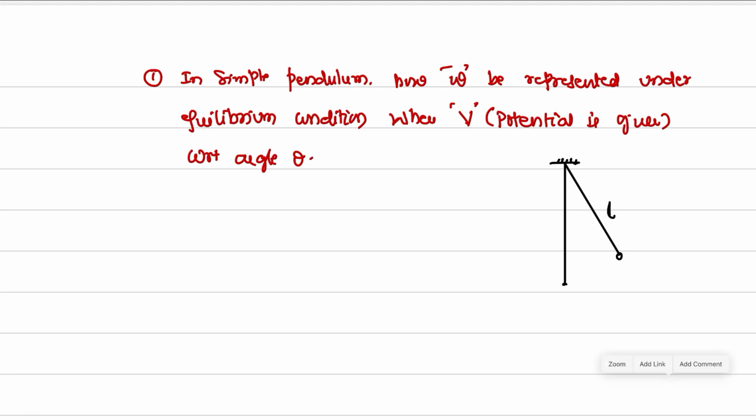The bob has mass M, so this is mg. Then, please try to understand. This is, let us say, A, this is B. What is the length of AB when the angle is theta?